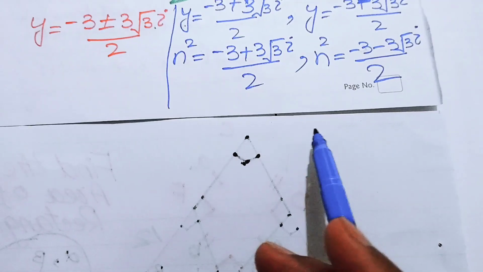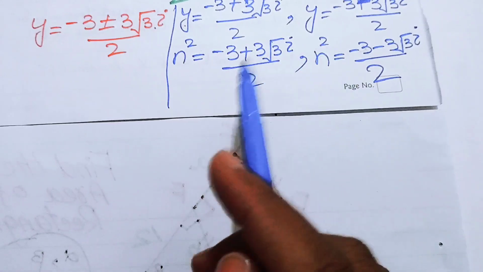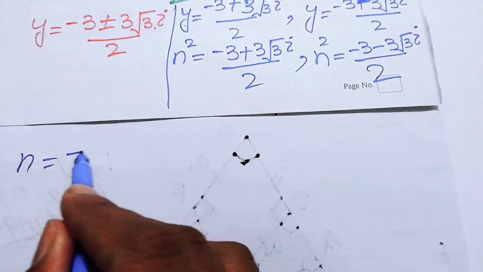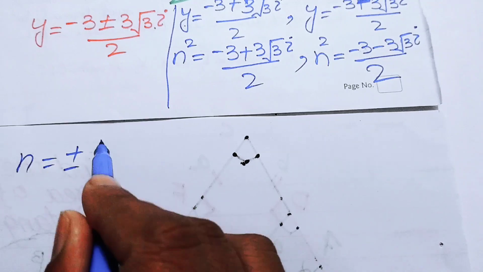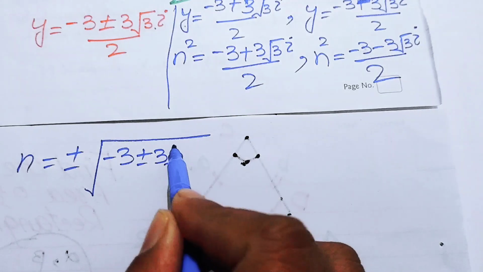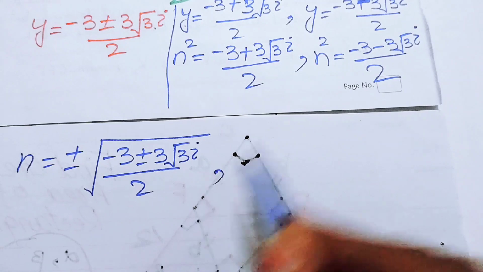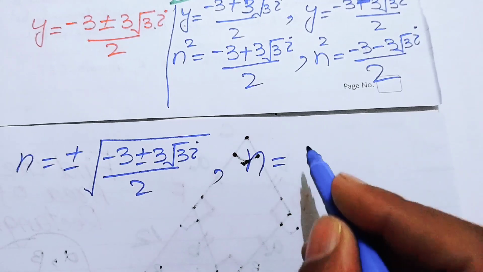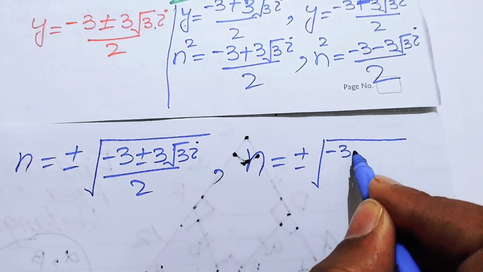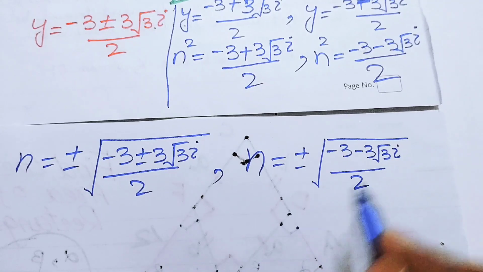And in the next step, in order to find the value of n, we need to take the square root again on both of the cases. So when we take the square root on the first case, then you obtain n equals plus minus square root of minus 3 plus 3 times square root of 3 iota divided by 2. And in the other case, we have n equals plus minus square root of minus 3 minus 3 times square root of 3 iota divided by 2.